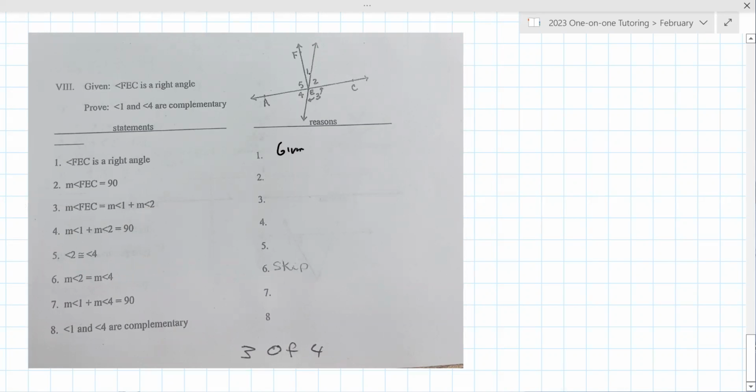So that's this one right here. And the next one kind of says the same thing, but it's talking about the measure of it. It's not good enough to just say that it's a right angle. You have to say that the measure of the angle is 90 degrees. So that would be a definition of right angle.